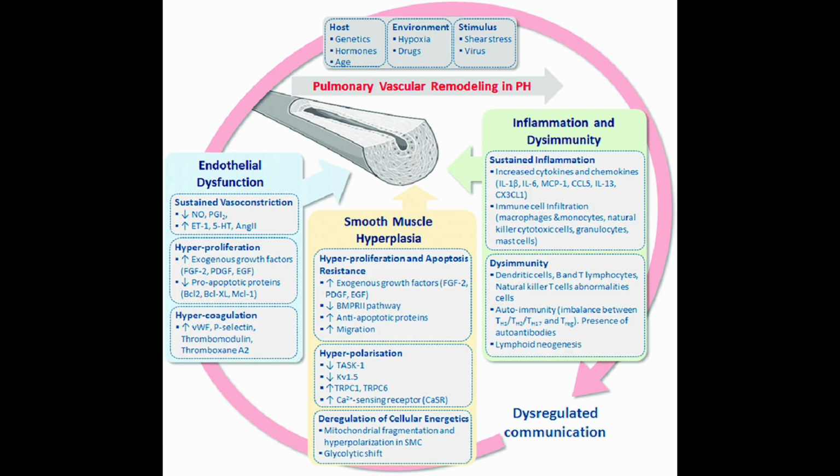Many times you see nitric oxide, PGI2, and the ET1. These are the main three peptides, enzymes that are actually produced in the smooth muscles to normally balance between vasoconstriction and vasodilation, pumping and relaxing of the smooth muscles so that blood can flow to the lungs.